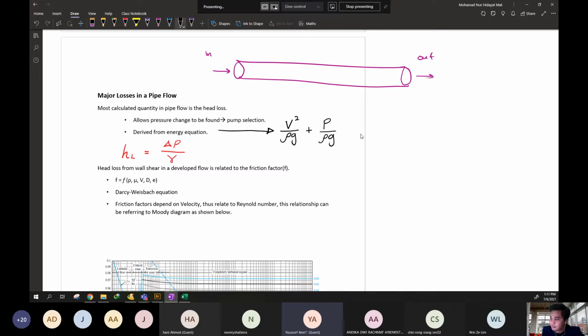Sorry, doctor. V squared over 2g. Okay. V squared over 2g. Yes.